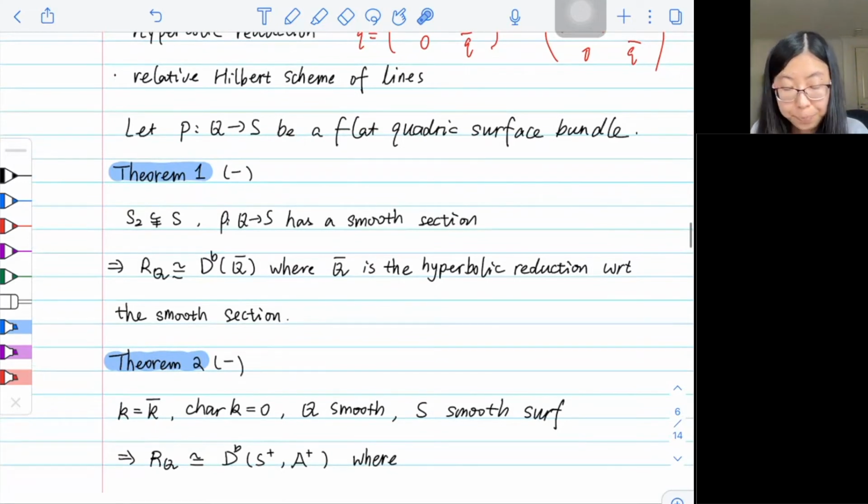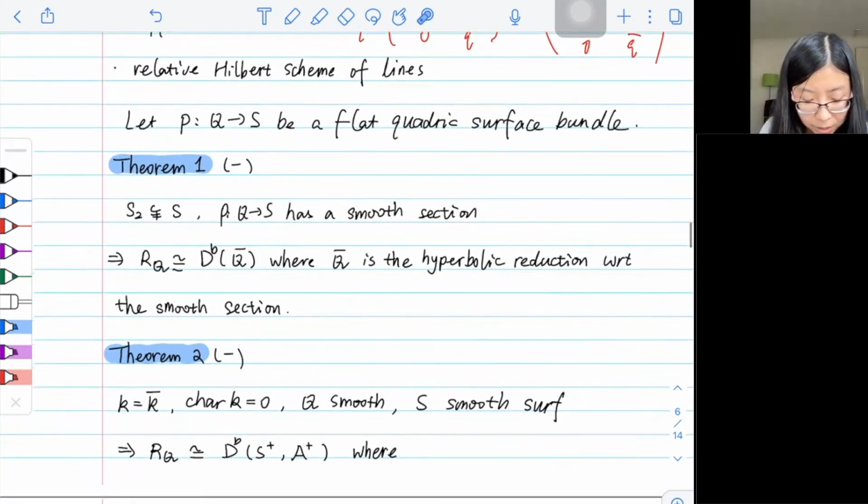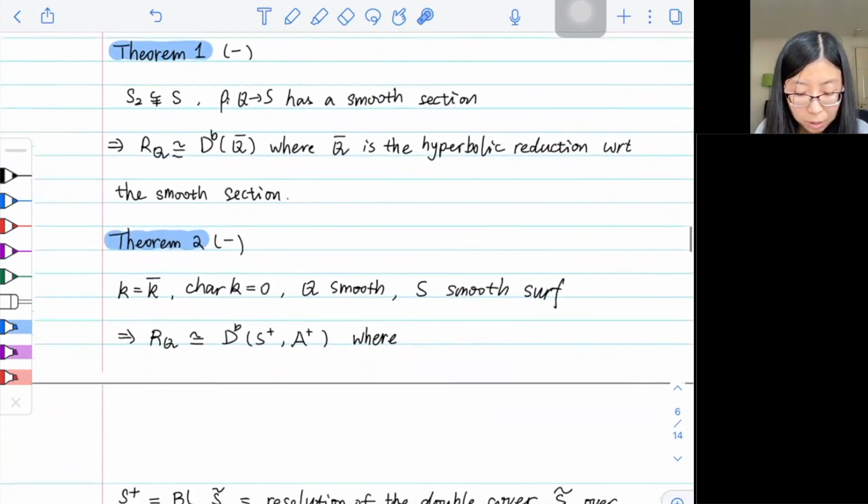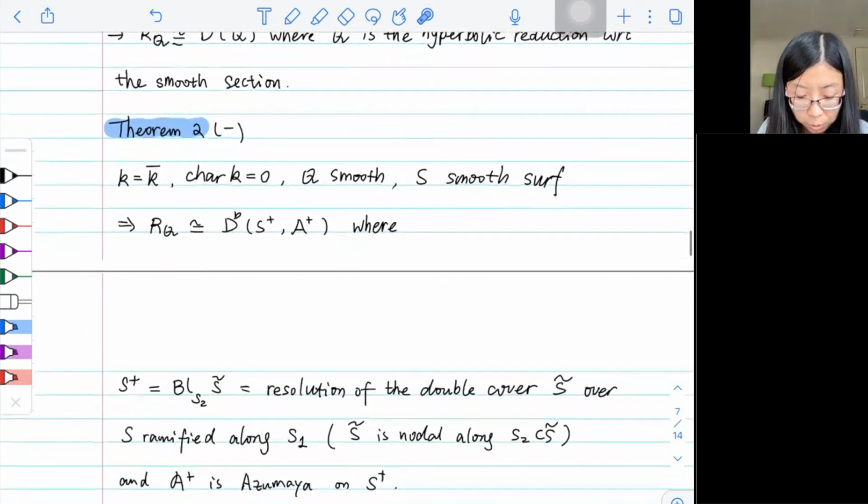And in the second case, where the base field is algebraically closed of characteristic 0, the total space is a smooth fourfold, and the base is a smooth surface, the residual category is equivalent to a twisted derived category over some scheme S plus.